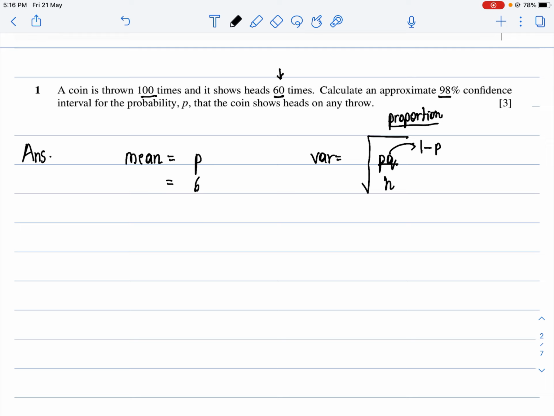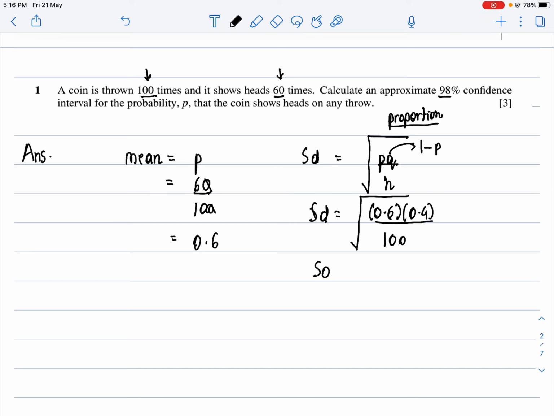P is basically 60 over 100, because you get 60 times over 100 times. So you get 0.6. Now your standard deviation is the root of PQ by N. So your standard deviation can be written as the root of P, which I know is 0.6, into 1 minus 0.6, which I know is 0.4, over N, which is 100, because I know it has been thrown 100 times.